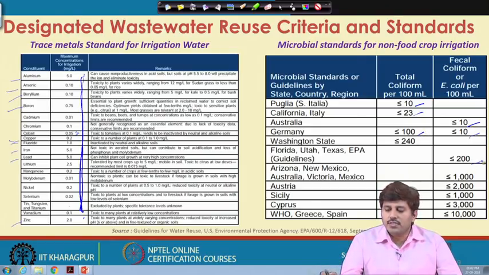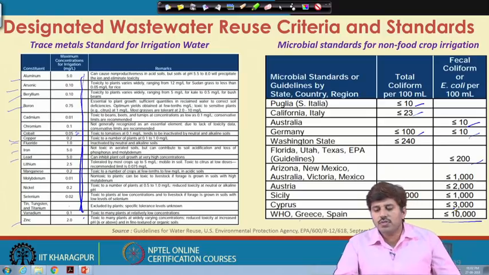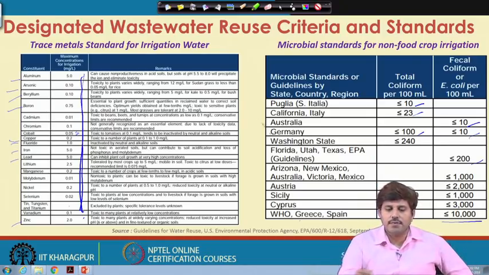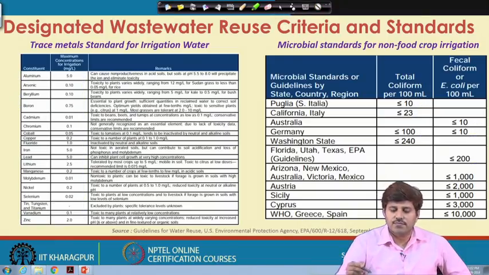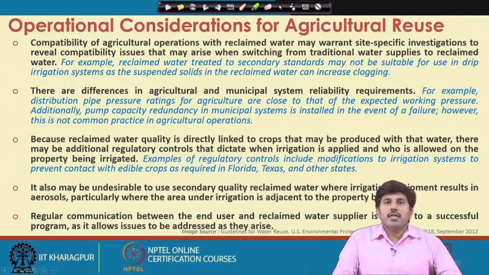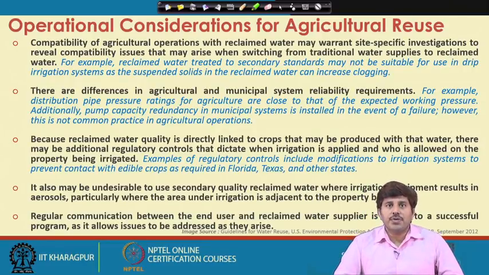In Florida it is 200. The WHO, Greece or Spain standard says less than 10,000, okay. So there are different standards for different states or different countries. Now, in the agricultural sector, various operational considerations are also thought about.